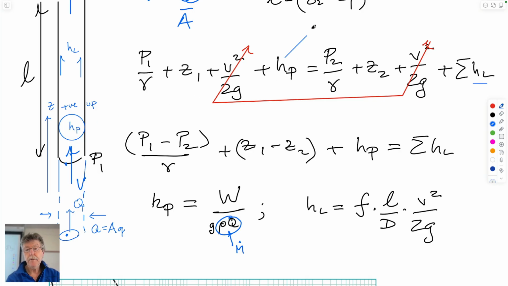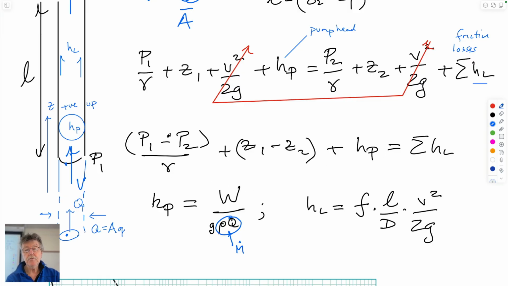So this is pump losses, or pump. And this is friction losses. And so if you get rid of these parts which stay the same, you're left with this.